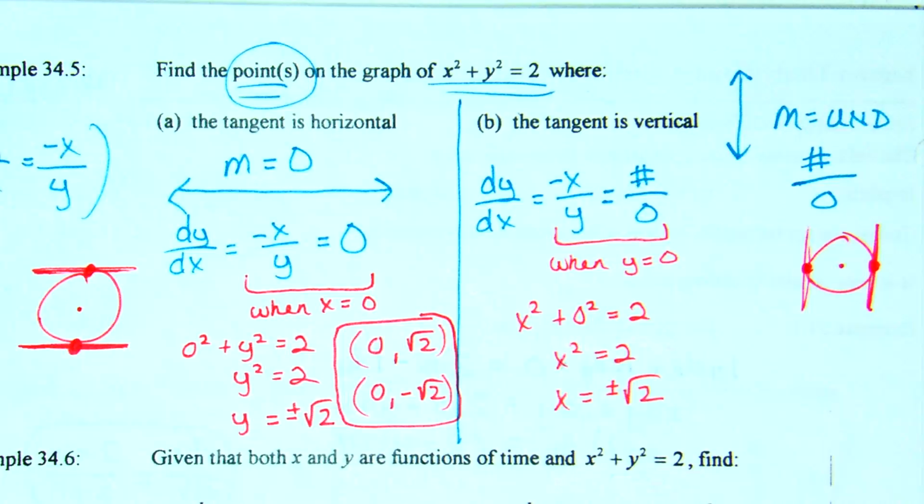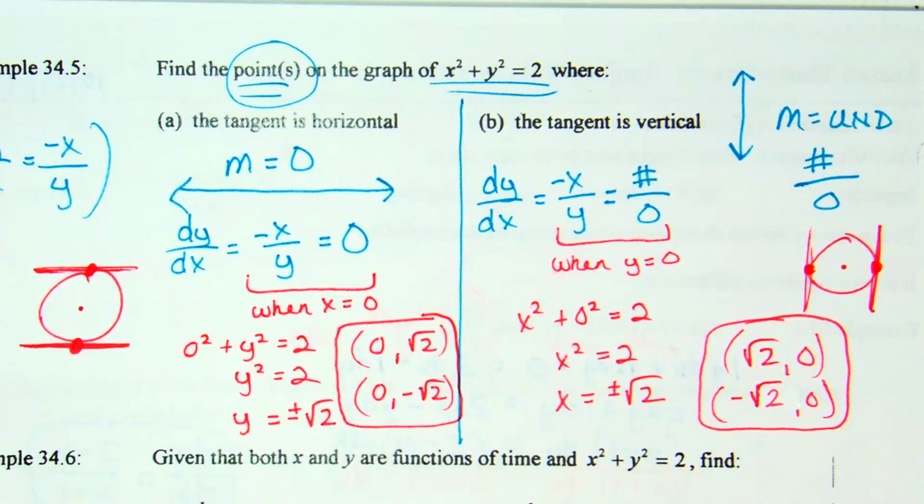Plus or minus the square root of 2 are my x values. 0 is my y value, so square root of 2 comma 0 and negative square root of 2 comma 0. For some reason, I wrote negative square root of negative 2. I don't know. Okay, so when I start talking about horizontal tangent, remember, slope is 0, 0 on top of a fraction. Vertical tangent, slope is undefined. That's when 0 is in the denominator.